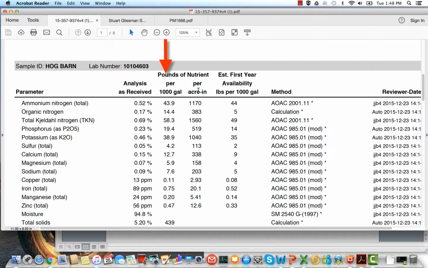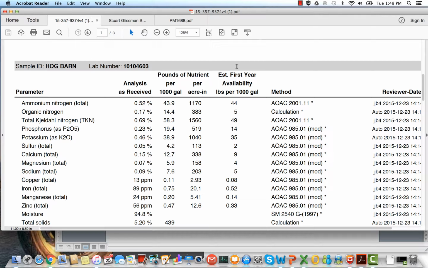We've got pounds of nutrient per acre inch, and then we've got the estimated first year availability of pounds of nutrient per 1,000 gallons. So the pounds per 1,000 gallon and that estimated first year availability are what we're going to focus on, because in this case we are making that application using a commercial honey wagon and injecting this manure product into the soil.